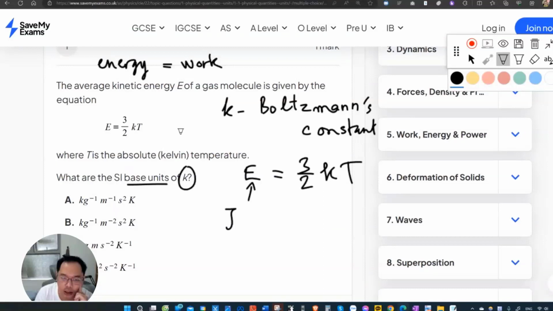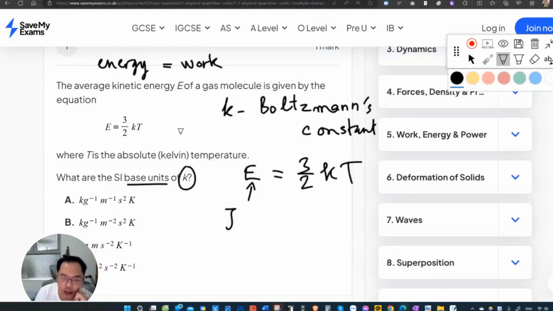Acceleration is meter per second squared, and then times the distance here. The unit of distance is meter. So we have meter here and meter here, and we can combine them using the square. Okay, so this is the unit of energy.